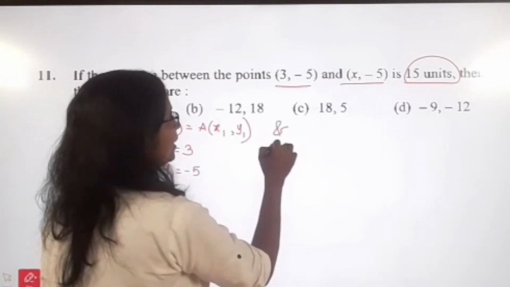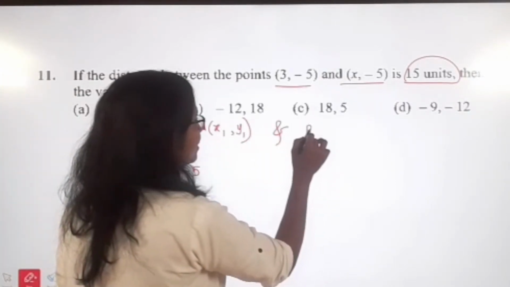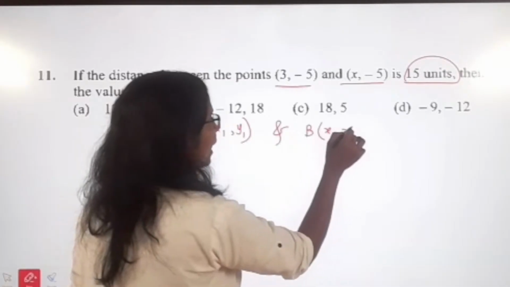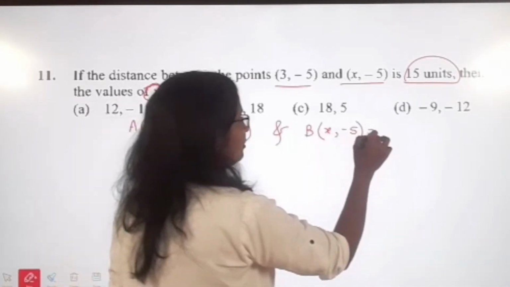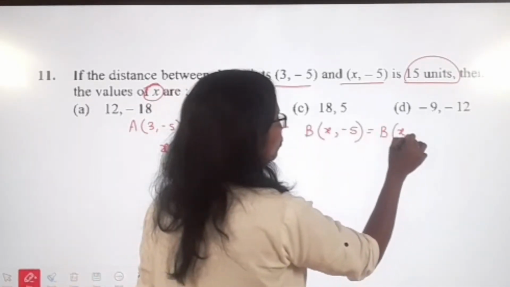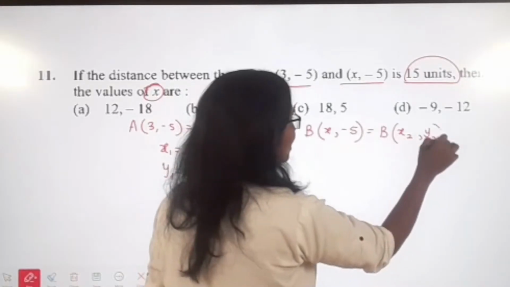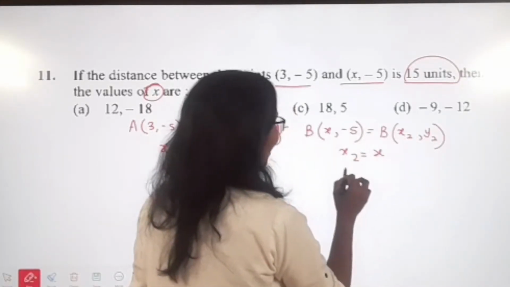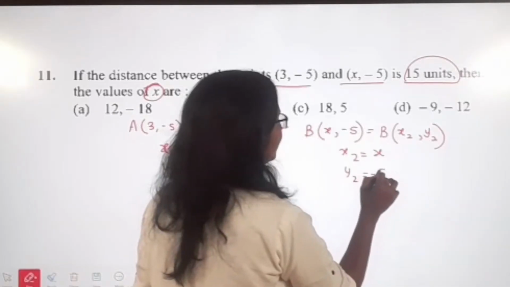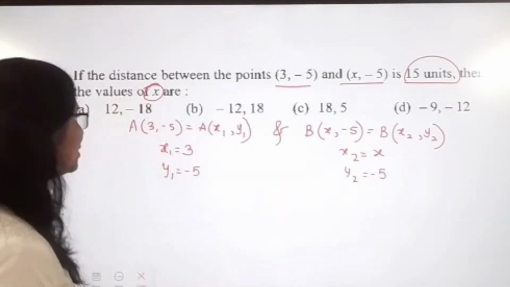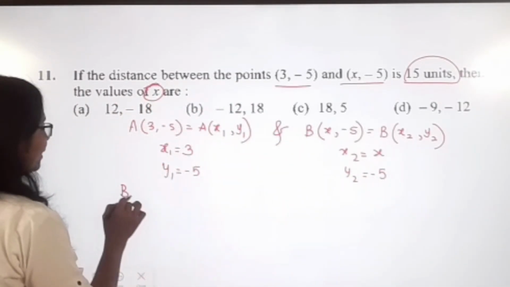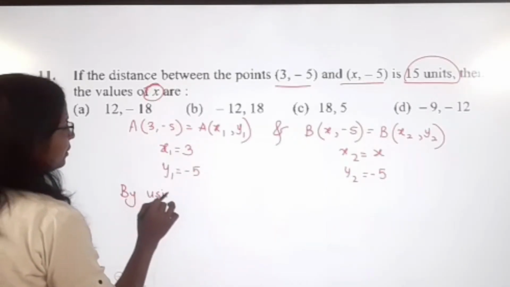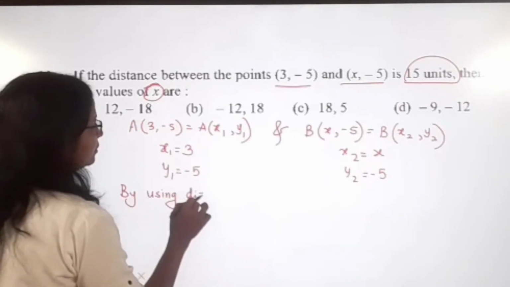The next point, consider as B (x, minus 5), as B (x2, y2). So x2 is equal to x and y2 is equal to minus 5. So here, by using the distance formula, I write down.